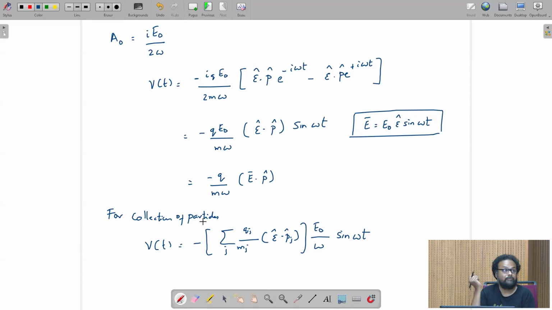But if you recall from the previous section, the relevant things are the matrix elements of my V, which go into my interaction potential, V_fi, right?